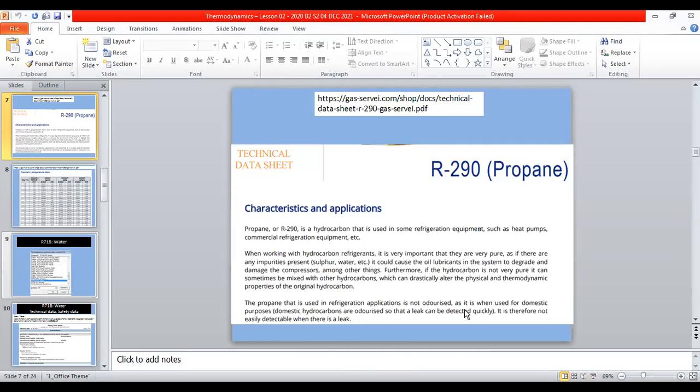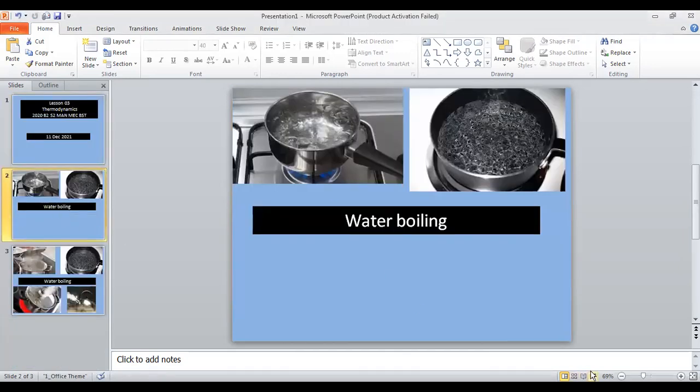Today I made this slide for you. Water boiler.